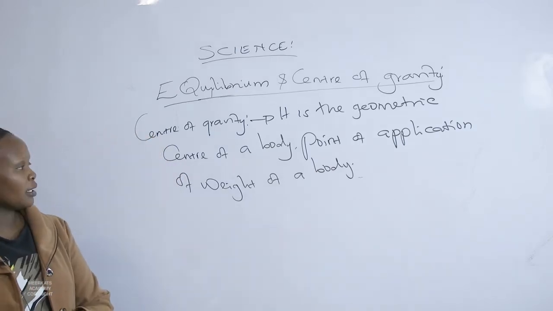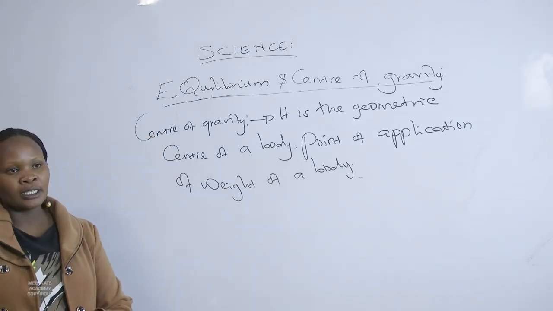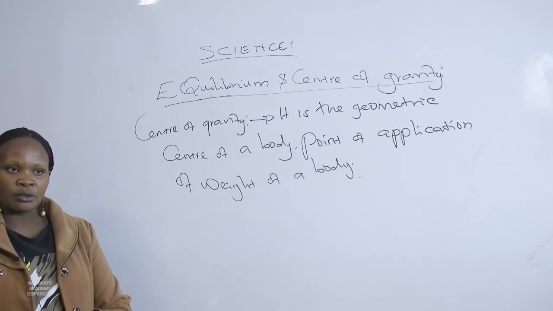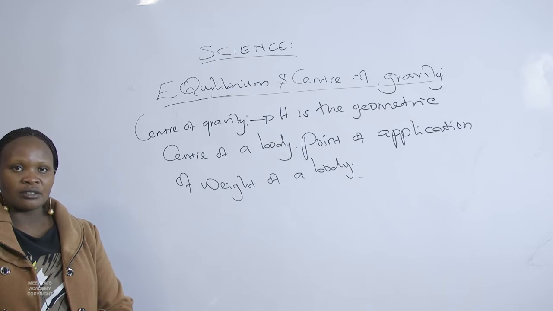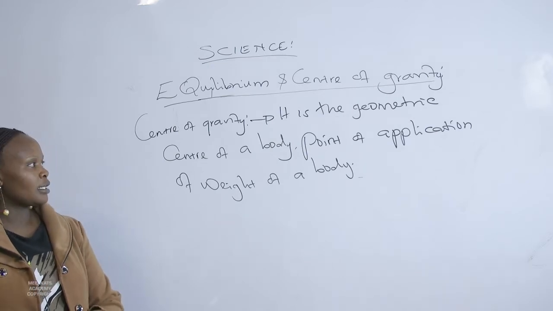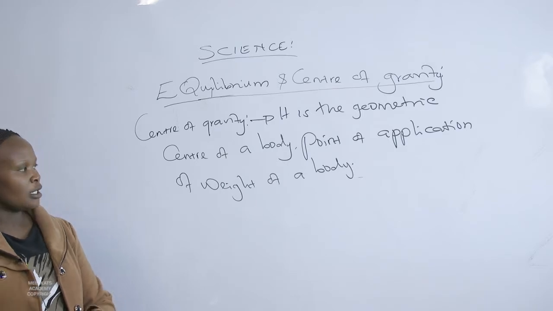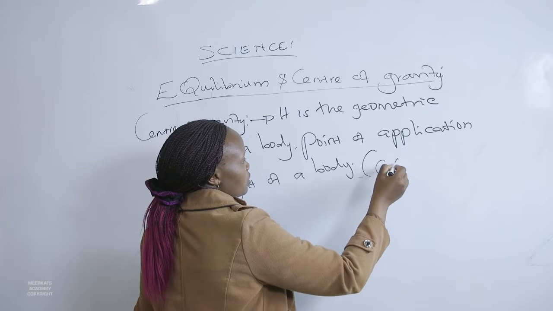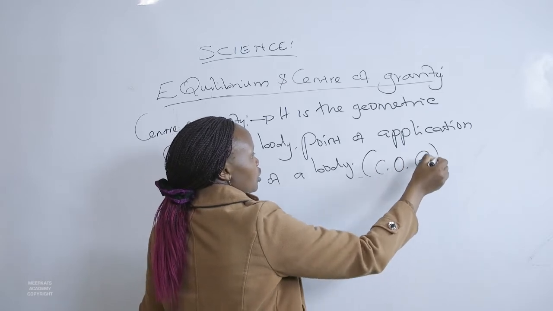That is to mean that all the weight of a body is going to be concentrated at its geometric center. At this point, that is where we call the center of gravity, or simply the COG.